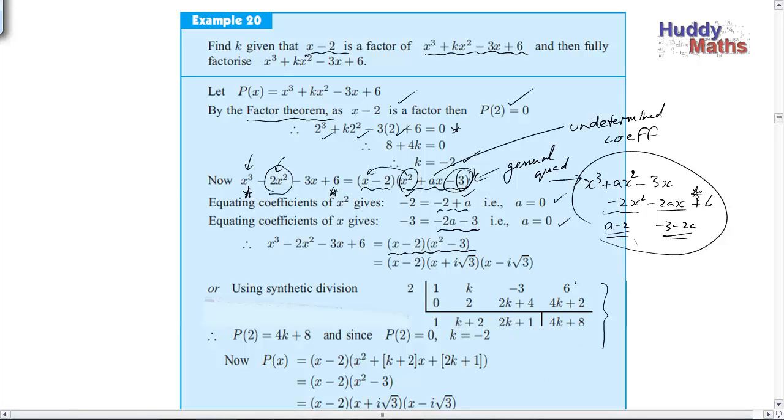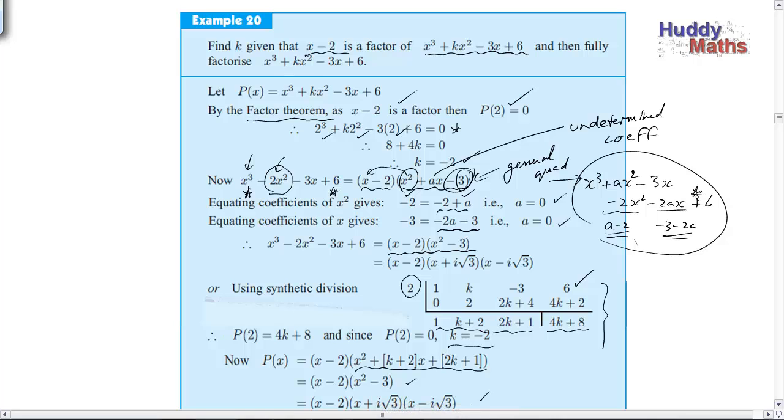You could divide the original polynomial by x take 2 and get the quotient and the remainder. The quotient is going to give you the other factor, and you put k as -2, and therefore get the other factor. It's quite neat, but not required in the course, so please yourself whether you take that on board.